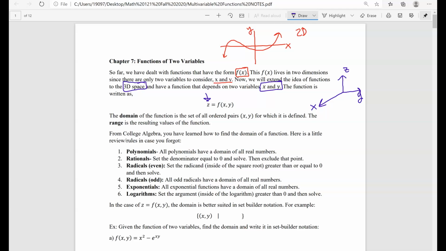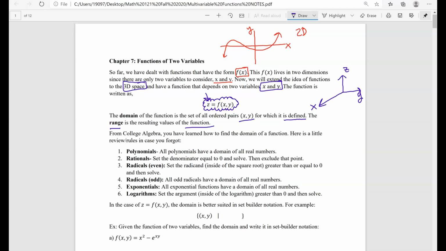You can think about x and y as the lower part and z as the top part. So we're going to be dealing with these types of functions. Now z is going to be relying on two different variables. So the domain of the function is the set of all ordered pairs x and y for which it is defined, and the range is now the resulting values of the function.